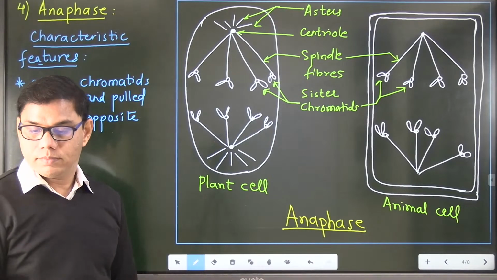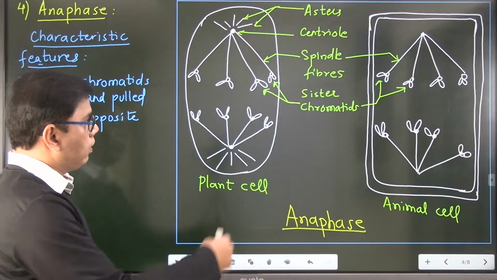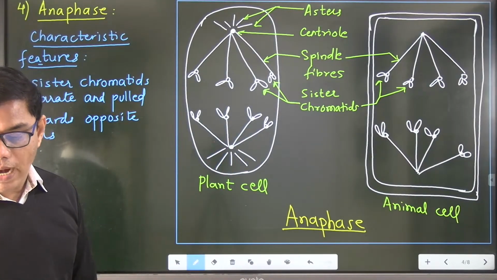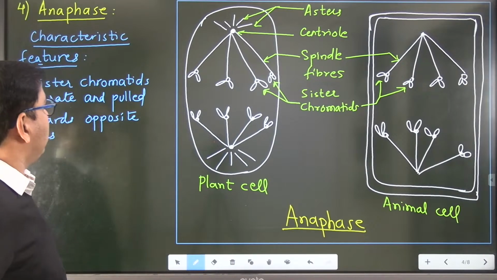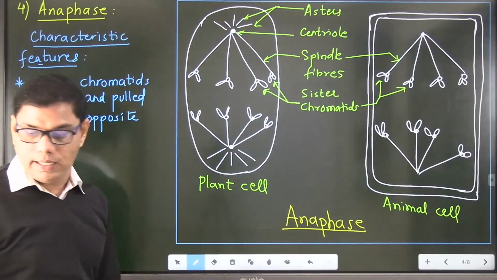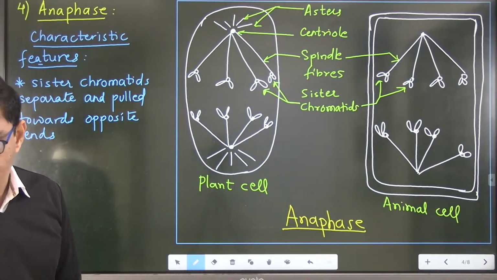Fine. I hope you are enjoying drawing this diagram. Draw it as big as possible. It will be easier for you. No problem if you draw one diagram in a single page or maximum two.